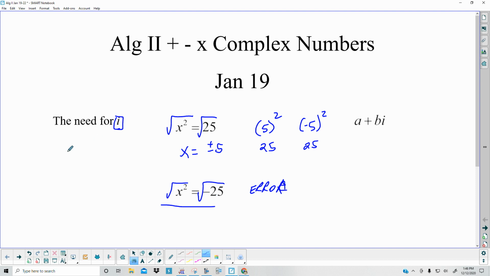i isn't a variable, like pi isn't a variable. Pi is an actual number, 3.14156, so on down the line. It's in a format that's called a plus bi. This is called standard form. a is a real number. b is also real, but because it's times i, it's the imaginary part.